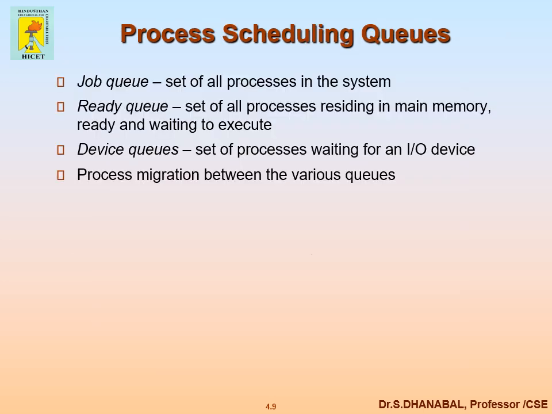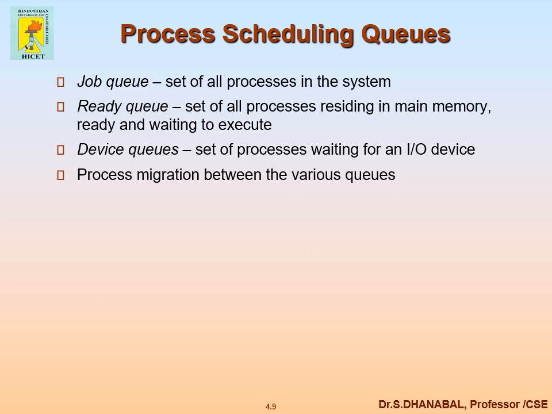And we have process scheduling queues. We basically have three types of queues: job queue, ready queue, and device queue. The job queue contains the set of all processes in the system. The ready queue holds the processes residing in the main memory which are ready and waiting to execute.